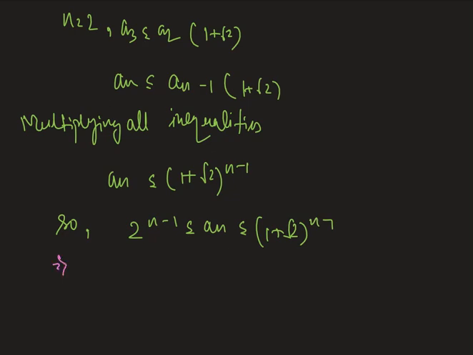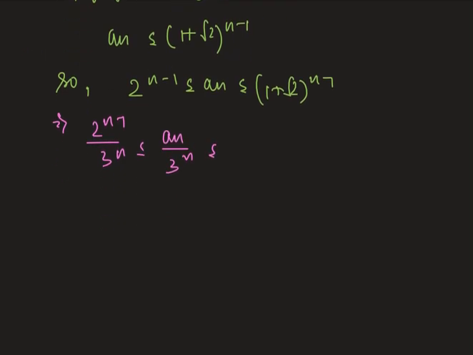This implies 2 to the power n minus 1 divided by 3 to the power n is less than or equal to a_n divided by 3 to the power n, because we need to find the sum over n equals 1 to infinity of a_n by 3 to the power n.